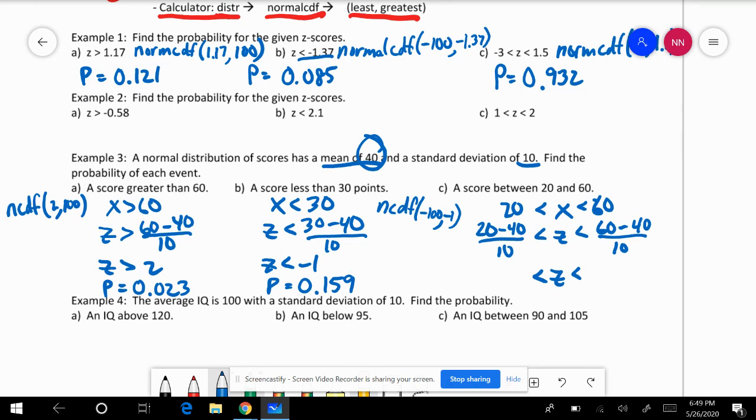It's going to give us negative 2 and it's going to give us 2. So we're going to use the normal CDF with negative 2, 2. And that gives us a probability of 0.95.